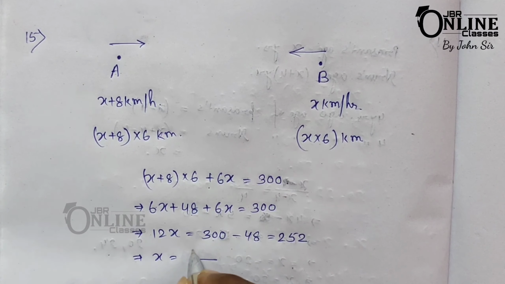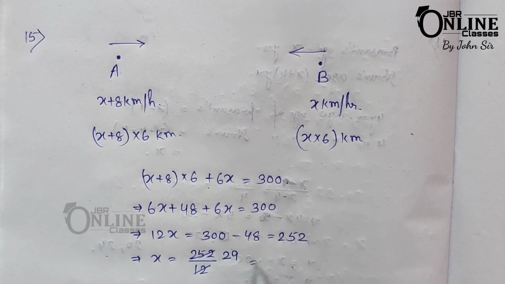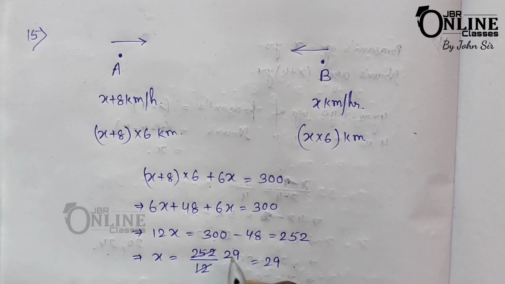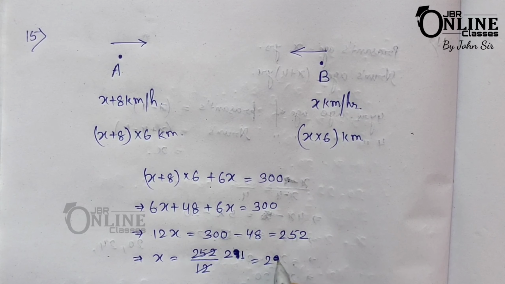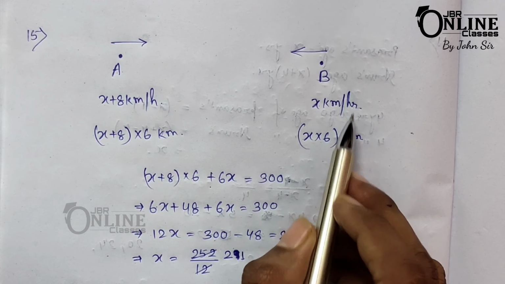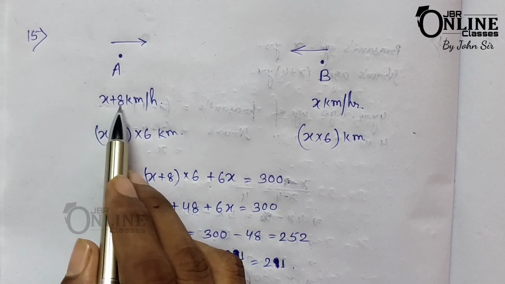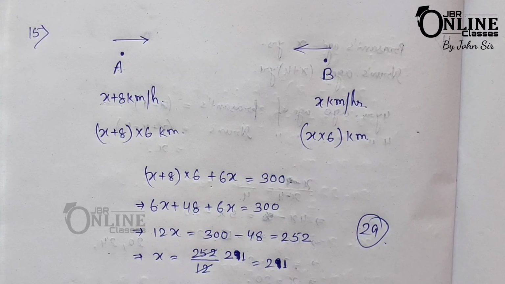So x equals 252 by 12, sorry, it's 21. So the value of x equals 21. That means the speed of car B equals 21 kilometers per hour. Now we have to find the speed of car A. That means 21 plus 8, and that equals 29. So 29 is the answer.